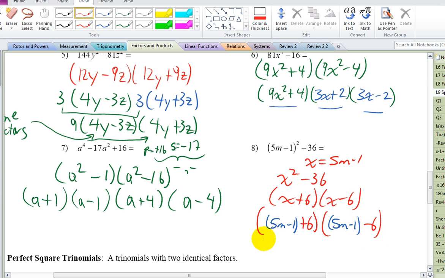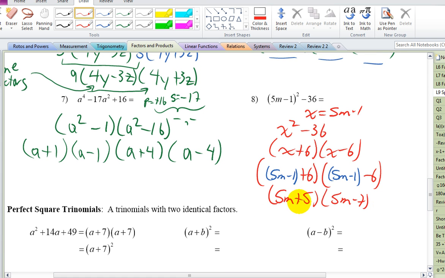And so here you're going to get 5m plus 5, 5m minus 7. Okay. I can also take a GCF out here and go 5 bracket m plus 1, 5m minus 7.